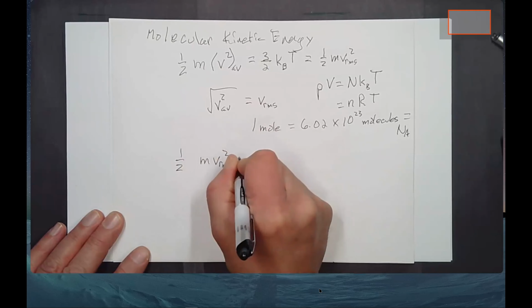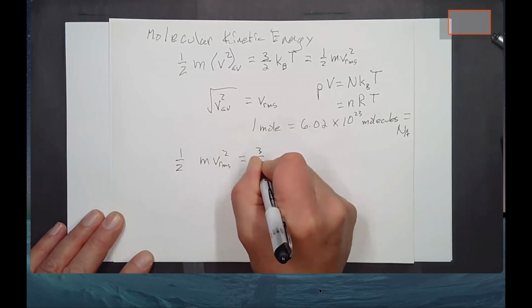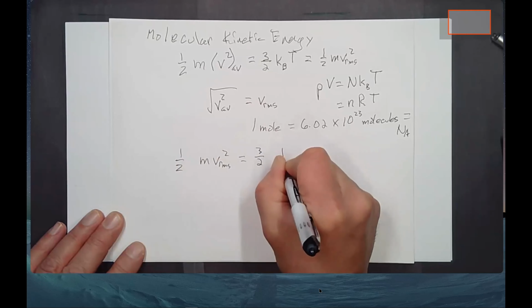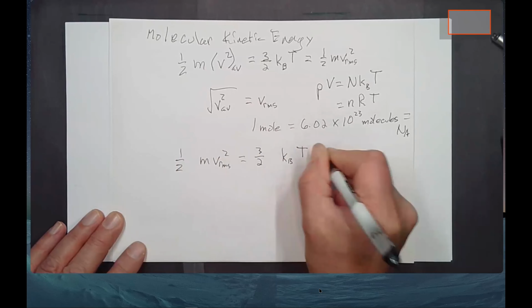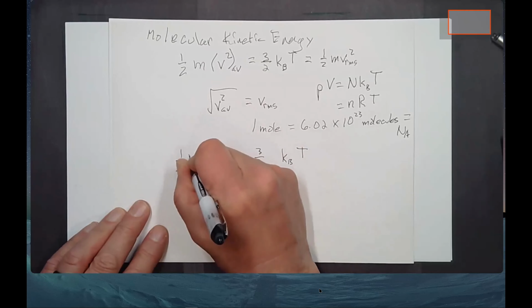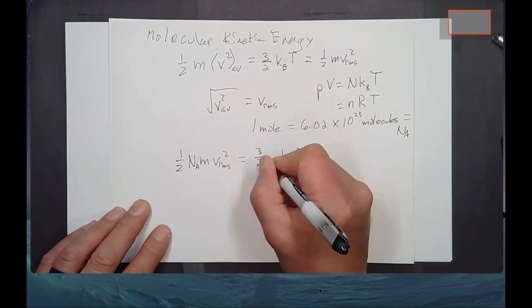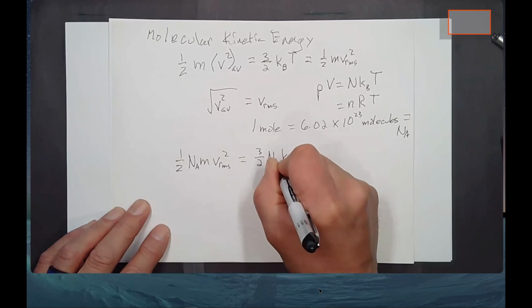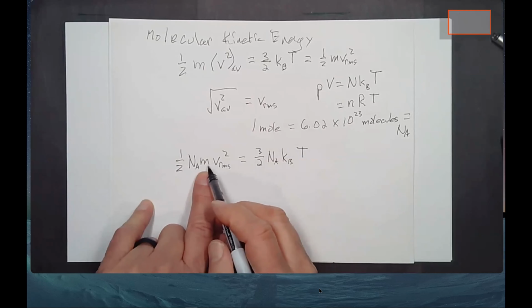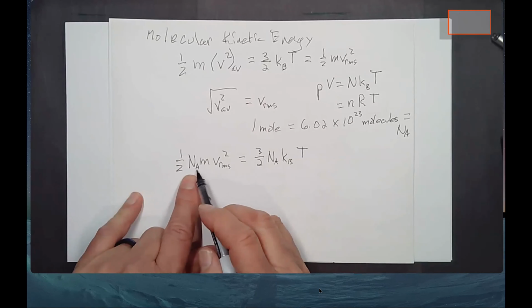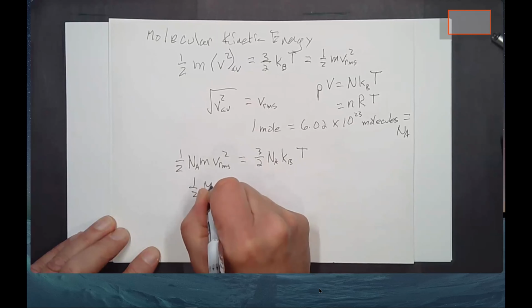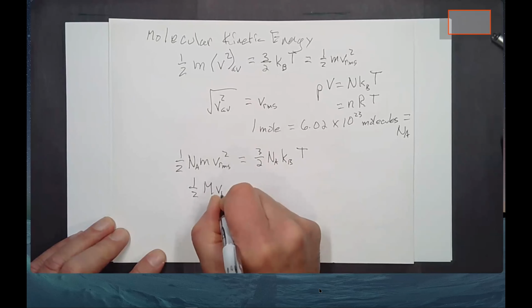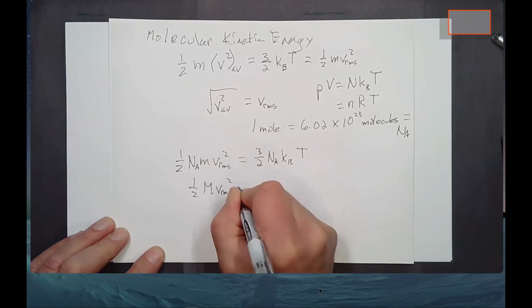If we took this equation here, 1/2 m v_RMS squared equaling 3/2 k T, and I'm leaving spaces in here because I'm going to do something to both sides. Multiply both sides by Avogadro's number. If you multiply the mass per particle times Avogadro's number, you get the molar mass, which is often written with a capital M. So 1/2 capital M v_RMS squared.